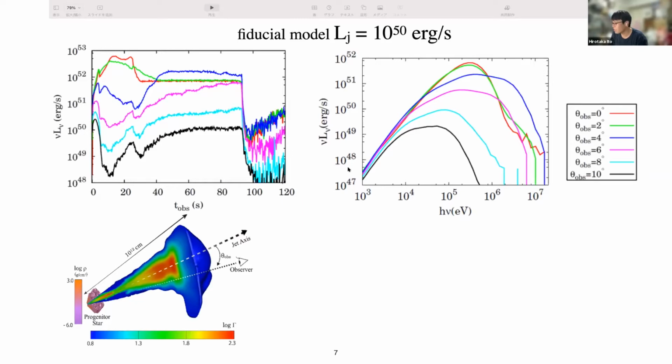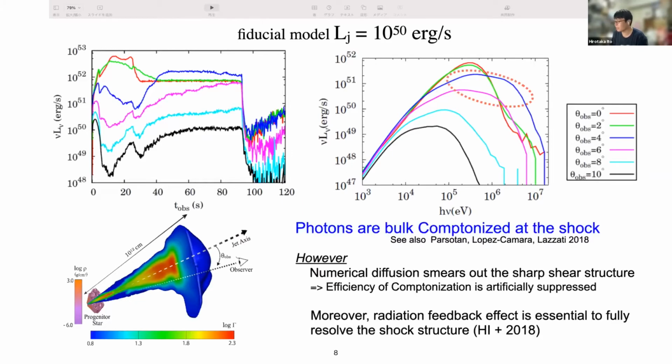On the other hand, the broadening at the high energy part of the spectrum comes from the effect of bulk comptonization in the sharp shear structure within the flow, primarily at the shock. It is noted, however, that this bulk comptonization effect is likely to be artificially suppressed due to the lack of numerical resolution.